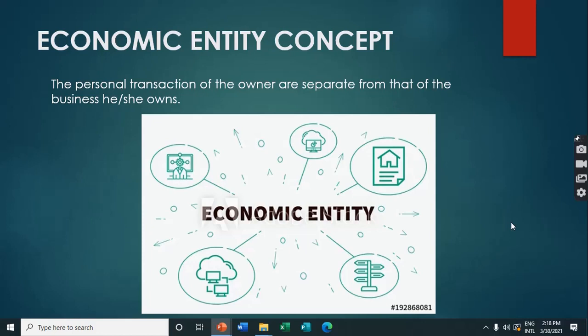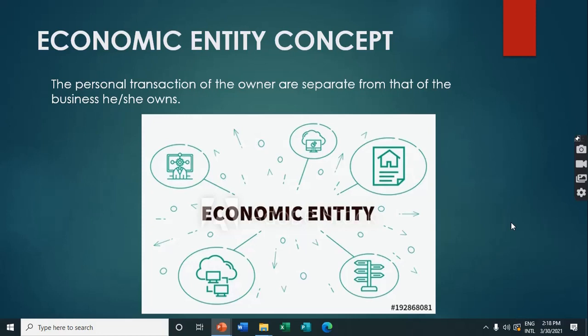Ayan. So, kung ano yung transaction sa business, yun transaction lang yun ng business. Kung ano naman yung transaction ni owner, transaction lang yun ni owner. So, hindi mo siya dapat pagsama-samahin.